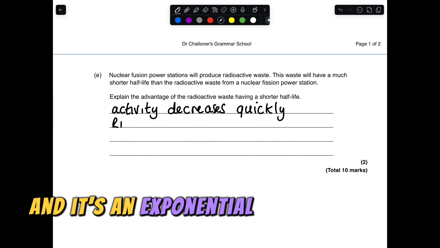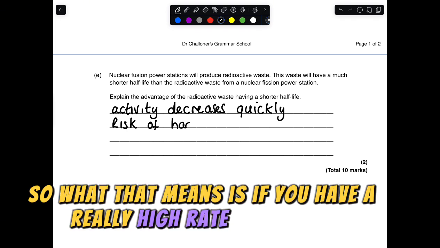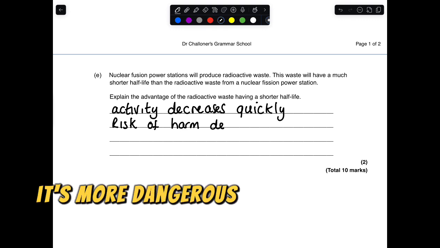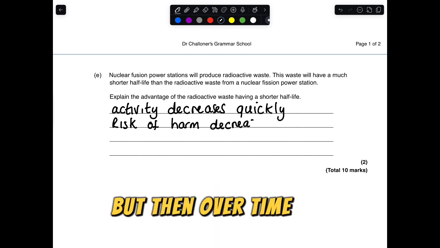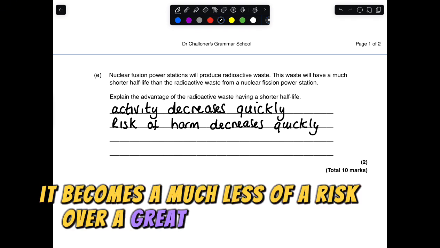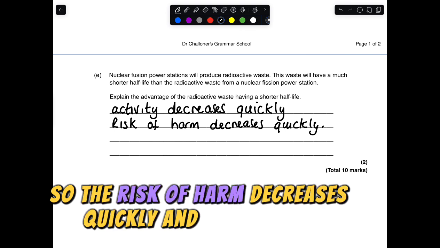And it's an exponential decay curve. So what that means is if you have a really high rate of nuclear decay at the start, it's more dangerous right at the start, but then over time, it becomes much less of a risk. So the risk of harm decreases quickly. And that is that.